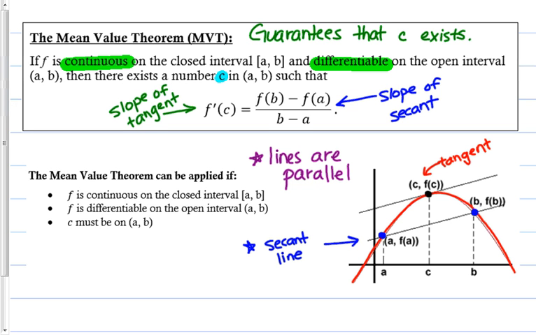Now, another way to look at this for the purposes of doing word problems and such, the slope, doing it derivative-wise, is instantaneous, whereas on the other side, it's average.